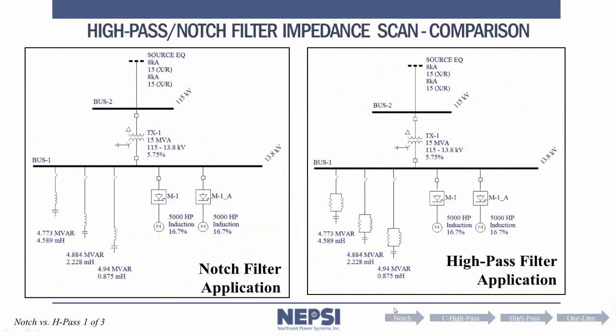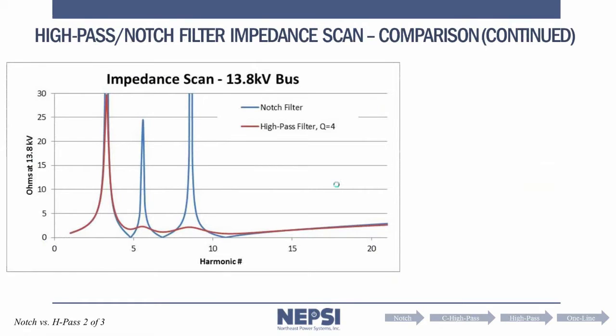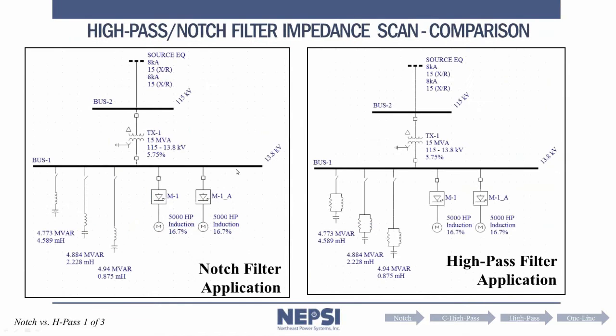So just by way of example, on the left here I have a notch filter application where we just have 3 notch filters. On the right I have the same basic system, but I'm using high pass filters. If I were to look at the impedance scans looking into this bus, basically I'm doing an impedance scan by injecting 1 amp of current at this bus and plotting volts, or in this case, if it's 1 amp, it would be ohms on the other axis.